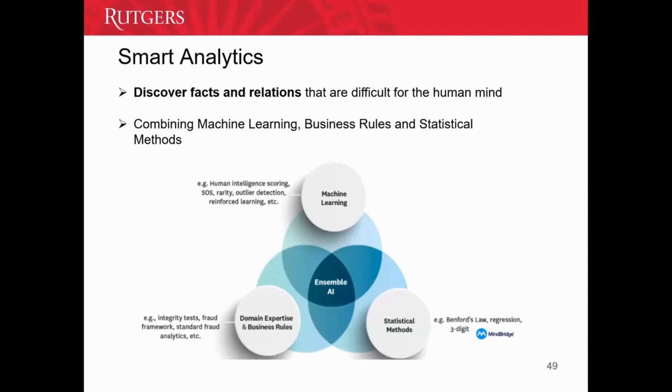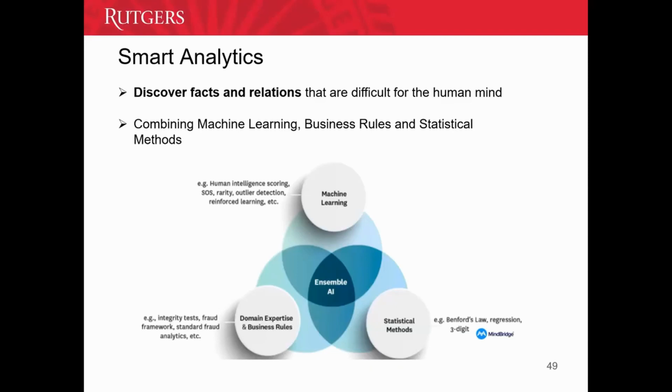I talked about machine learning in the previous slides. Machine learning is one of the elements of smart analytics, but smart analytics may have other components as well, such as business rules, right? If you think about a company that operates Monday to Friday, and over the weekend it doesn't function, there could be business rules that say any transactions over the weekend are irregular.